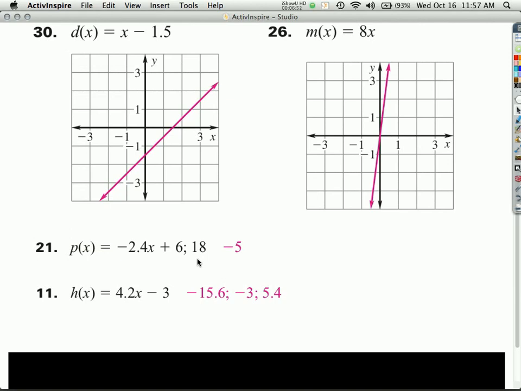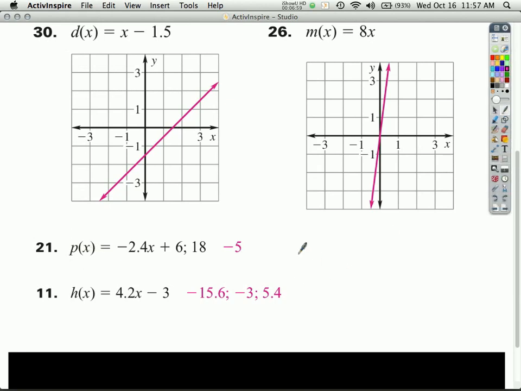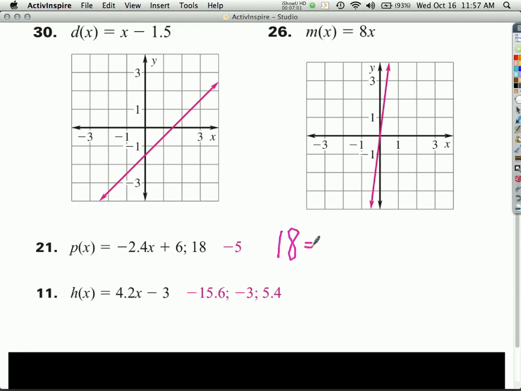Yeah, you're putting it in place of this whole notation right here. So it was supposed to become 18 equals negative 2.4x plus 6. That was the same situation that we did in example 2. Okay? Kamoy.